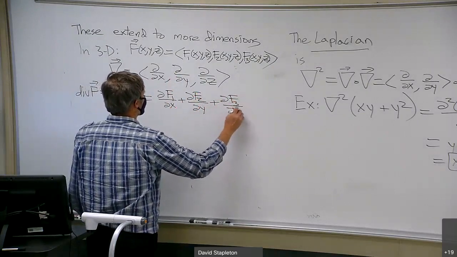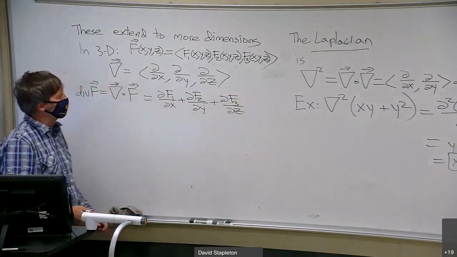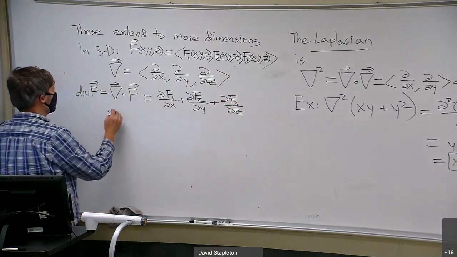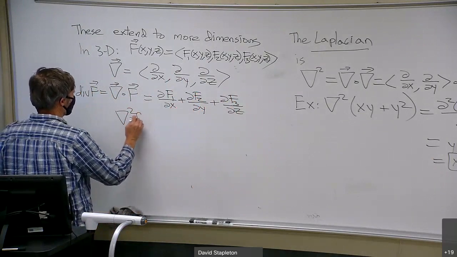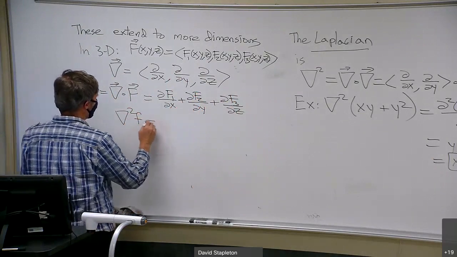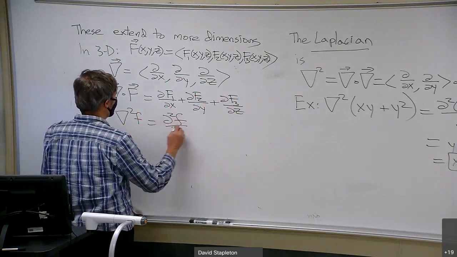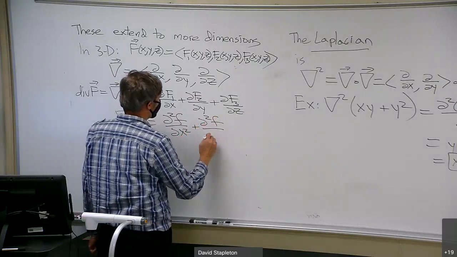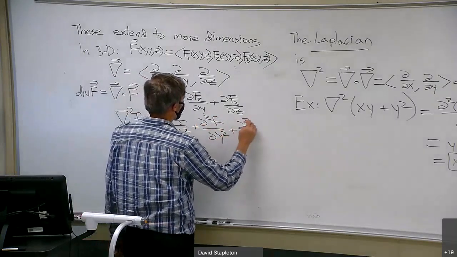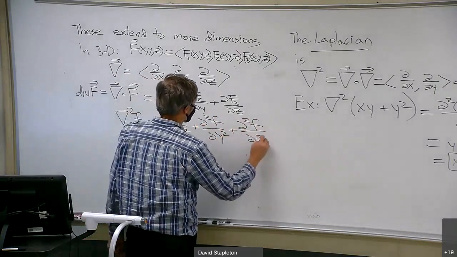The same thing as we did before in 2 dimensions, just with 1 more component. How easy, right? And the Laplacian comes out: del squared of a scalar function f becomes d squared f/dx squared plus d squared f/dy squared plus d squared f/dz squared. Just 1 more component.